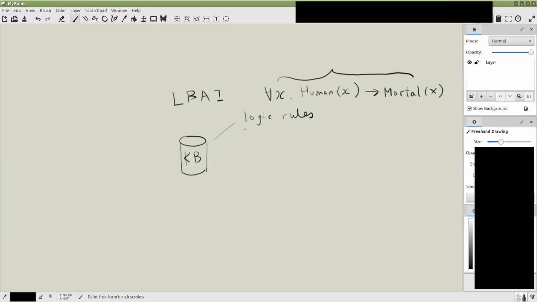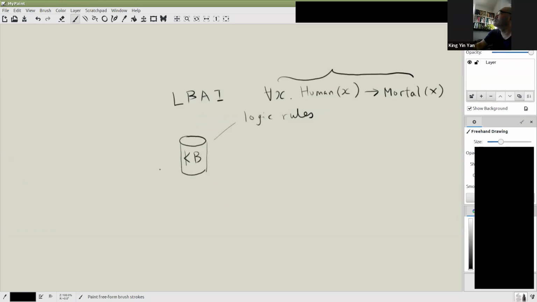So this is one logic rule, and we use this logic rule to deduce. This is the symbol for logic implication, from a set of formulas to another set of formulas. So this is gamma. We use the set of logic rules to deduce things. For example, from here, we say that Socrates is a man, right?